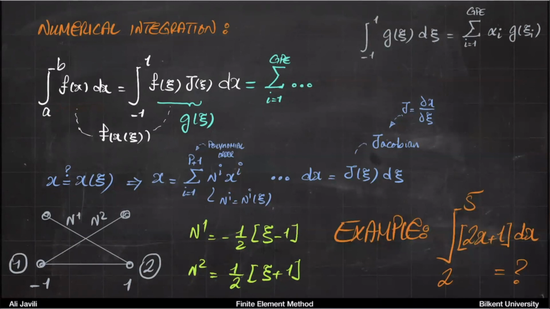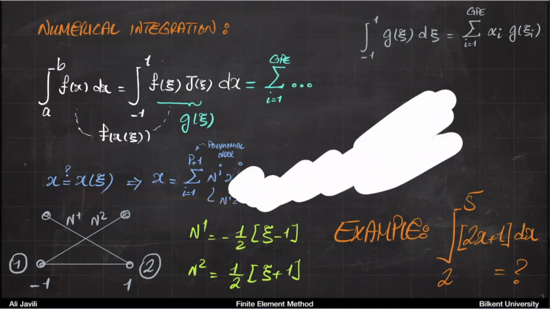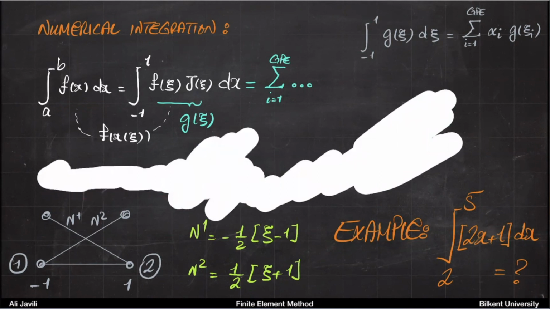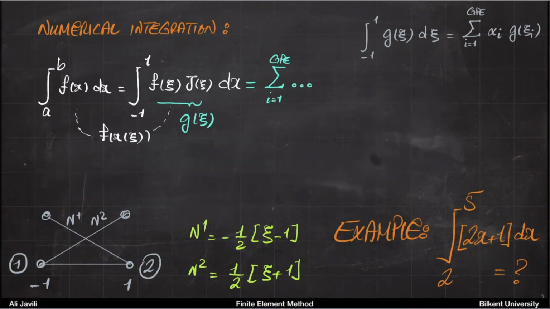Now, the first step, as we discussed, is to do this transformation. So you need to transform your space x to c using this. So I'm going to do that. Basically, what you want to do is to say x is the sum of n_i x_i.